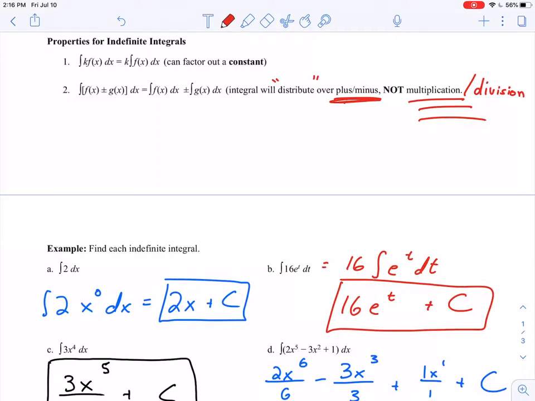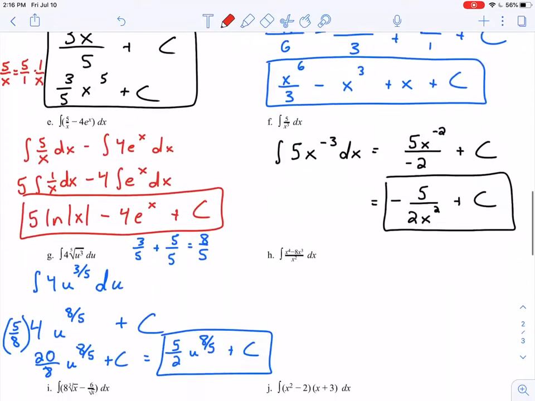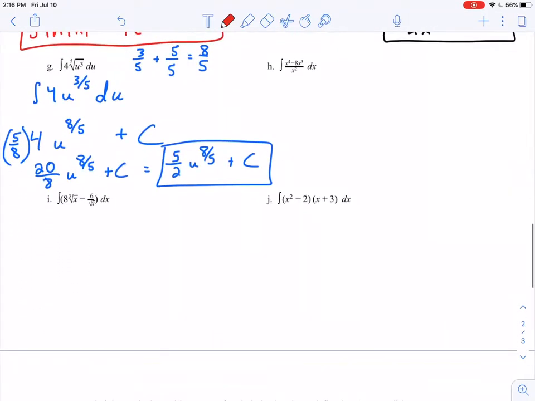Think back to derivatives. We had to get the product rule and the quotient rule before we could take the derivative of either one of those. Well, I don't have a product rule or a quotient rule for, at least for integrals yet. Maybe I will later, but right now I don't. So I need to think about, well, how can I rewrite this in a way that I don't have division?